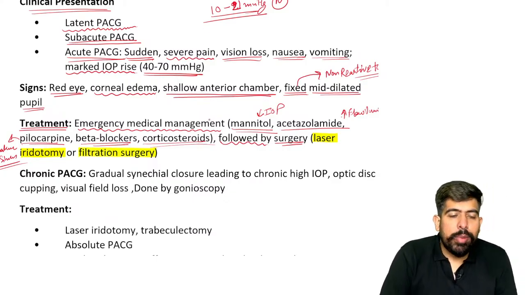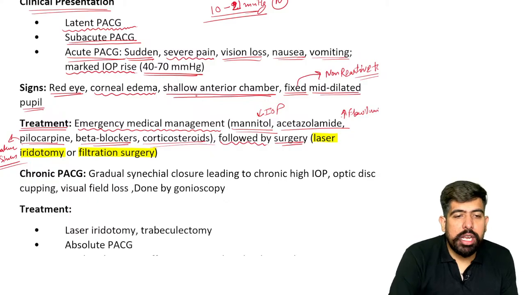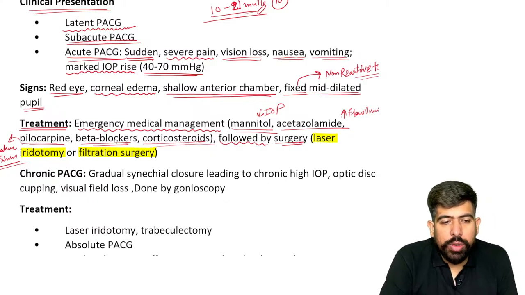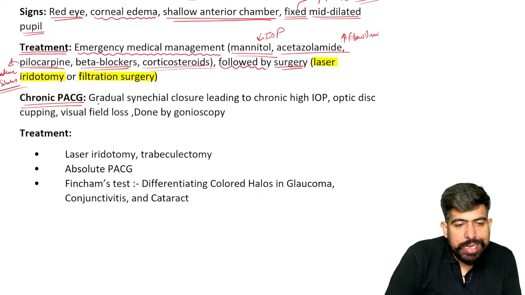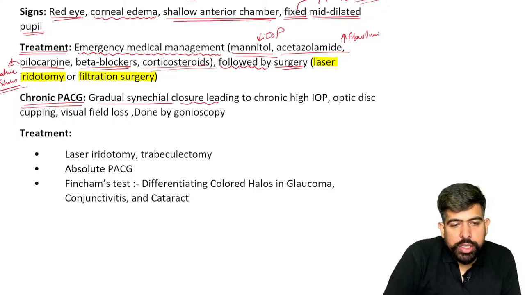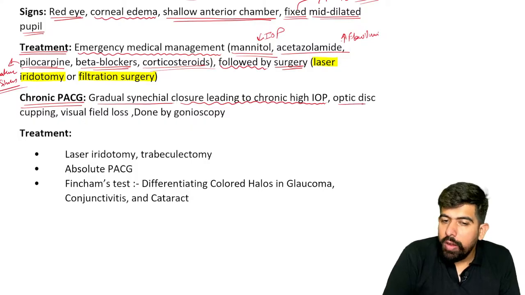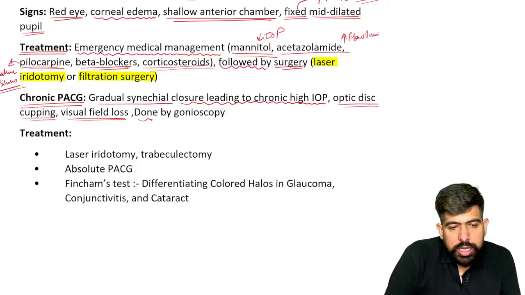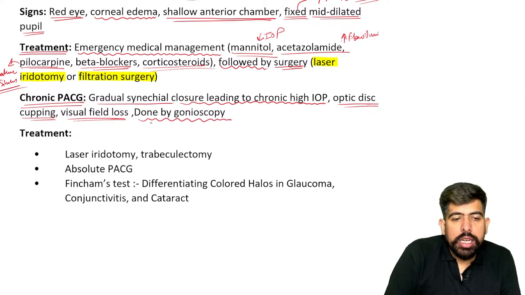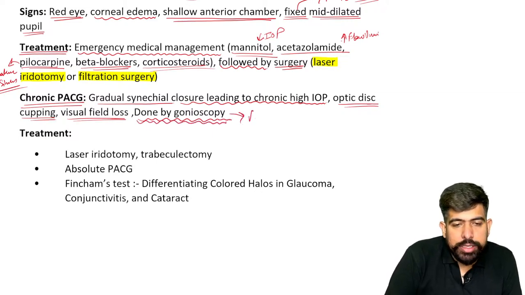Okay, so this is about acute primary angle closure glaucoma. But if I'm talking about the chronic, there is gradual synechial angle closure leading to chronic high intraocular pressure. Of course, optic disc cupping and visual field loss, and this should be confirmed by gonioscopy that the angle is closed.